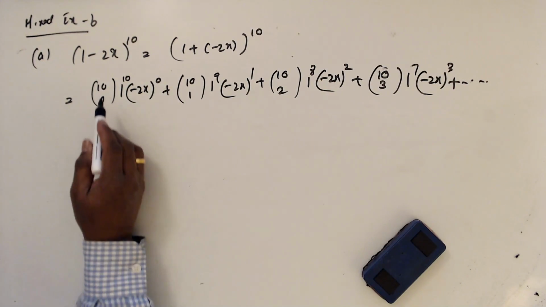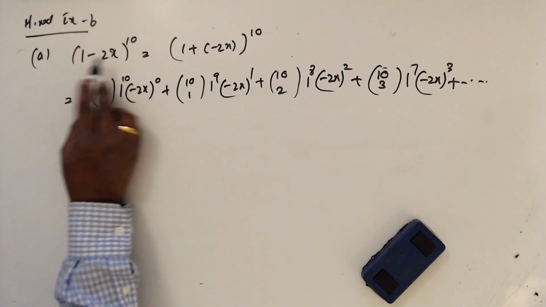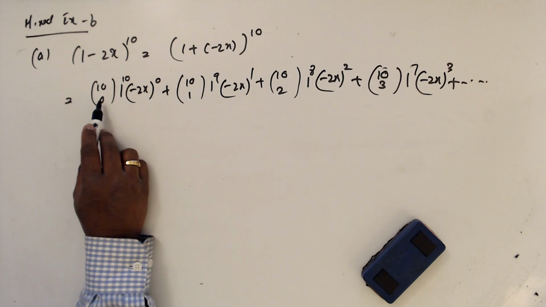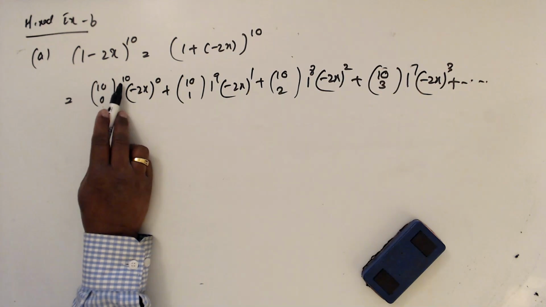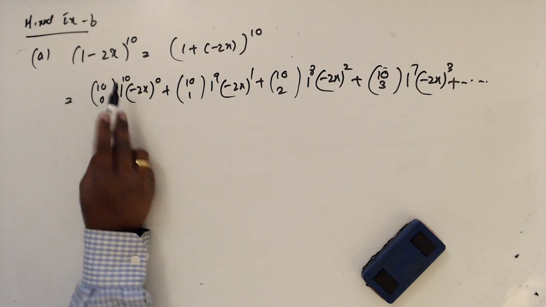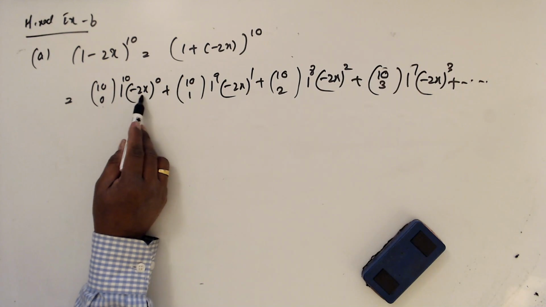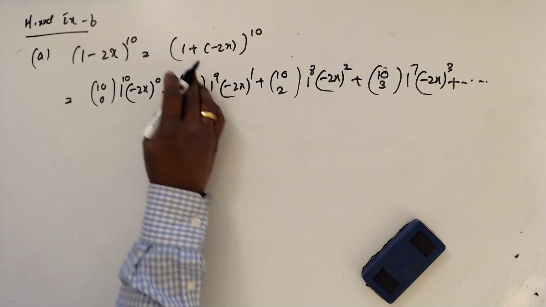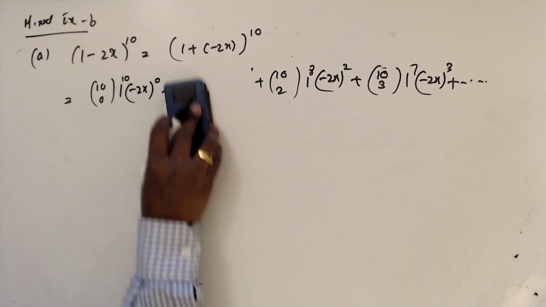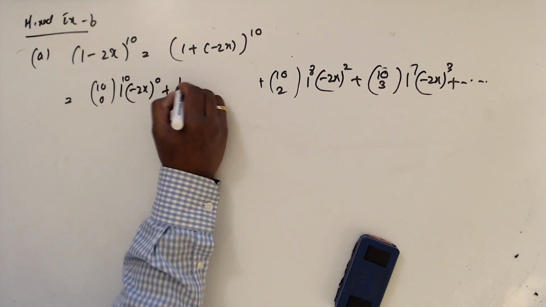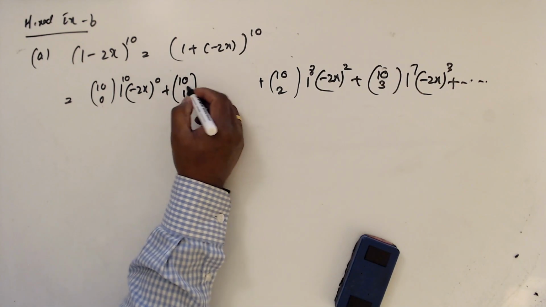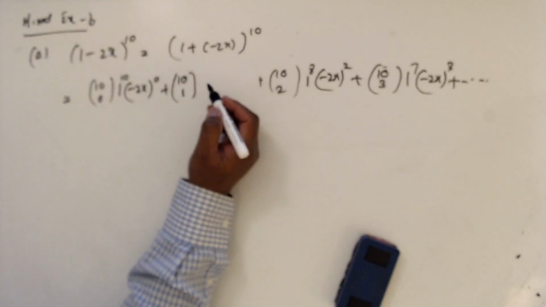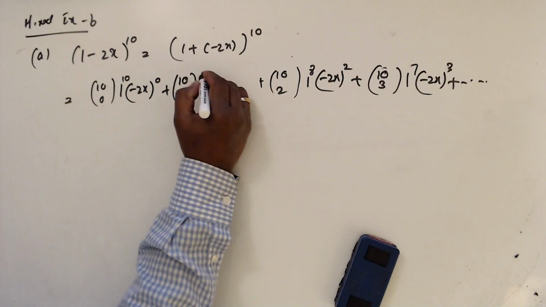How am I writing? Now it is clear. When I write 10c0, then I write 1 and this power is 10 minus 0. Then minus 2x, this one matches. When I write 10c1, I know 10 minus 1 is 9, so this one is going to be 9.